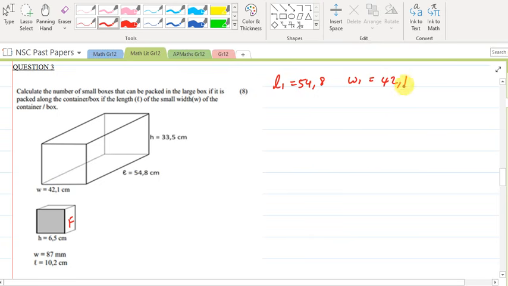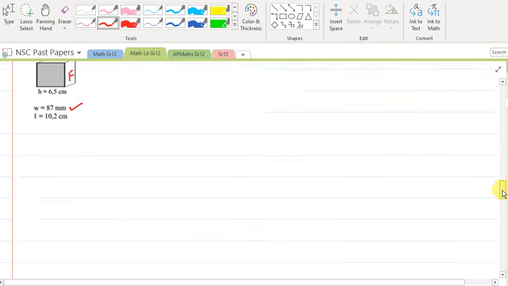The second width is 8,7, the second length is 10,2 and the height is 6,5. So basically the height is being packed with the height, the length and the width. This is basically the small box, you need to pack the length with the width. So length and width, these two.